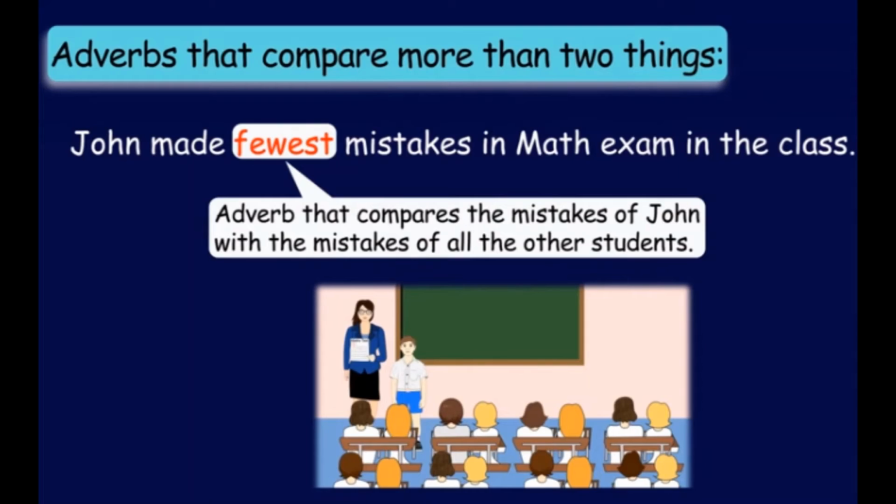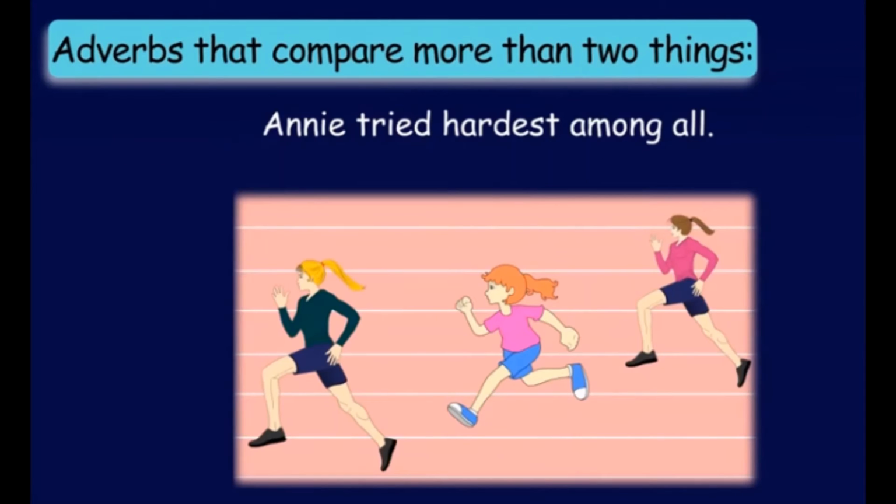John made the fewest mistakes in maths in the exam. It is an adverb that compares the mistakes of John with the mistakes of all the other students. Okay, now an adverb that compares more than two things. Annie tried hardest among all.